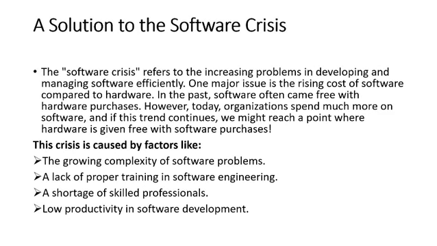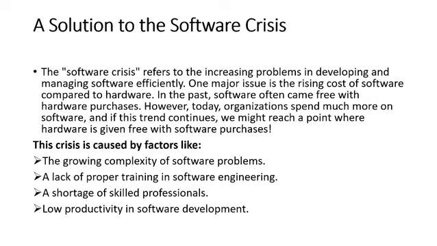And next one is a solution for the software crisis. The software crisis refers to the increasing problems in developing and managing software efficiently. While developing a project, there will be problems that occur. In order to solve those problems, what do we need to do? One major issue is the rising cost of software compared to hardware. Today organizations spend much more on software.